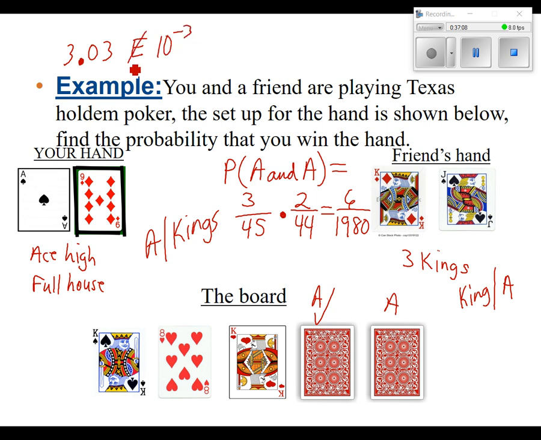So it's like that, right? 10 to the negative third, that tells us do what to this decimal? Move it left. So that'd be 0.003. I like those odds.